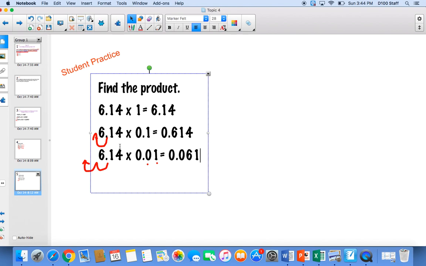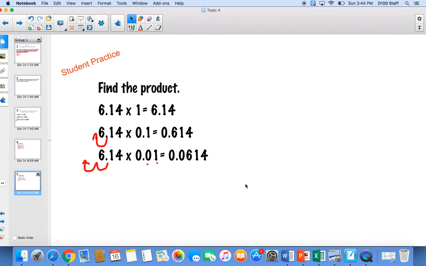And then my 614 right there. So that should be our answers for this. And you'll notice the pattern. You're just moving it over however many numbers are after the decimal. Here we had 1 number after the decimal. We moved it over 1 place to the left. Here we have 2 numbers after the decimal. We moved it over 2 spaces to the left. All right, nice job today, guys.